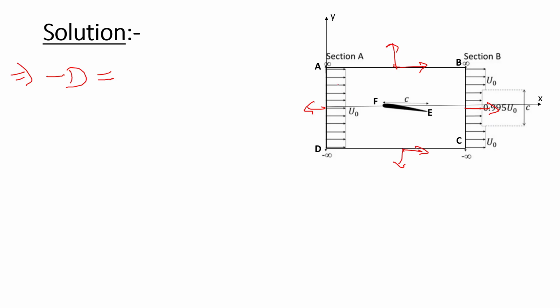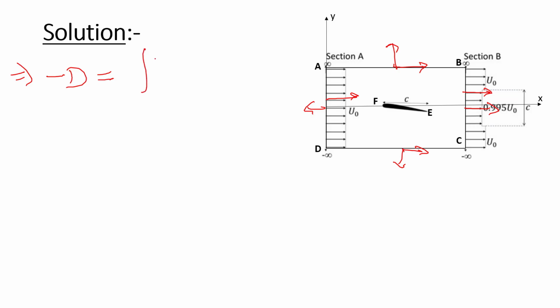For section AD velocity and BC velocity in positive x direction, so dot product in AD will be negative due to the opposite direction of normal and velocity, and for BC it will be positive.